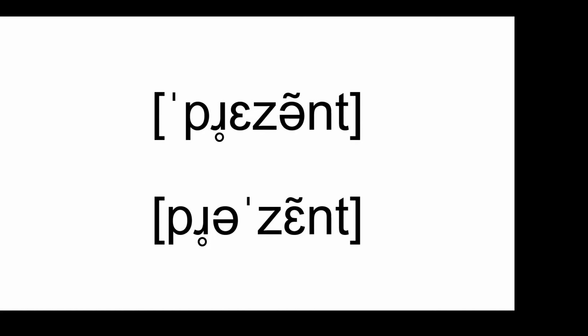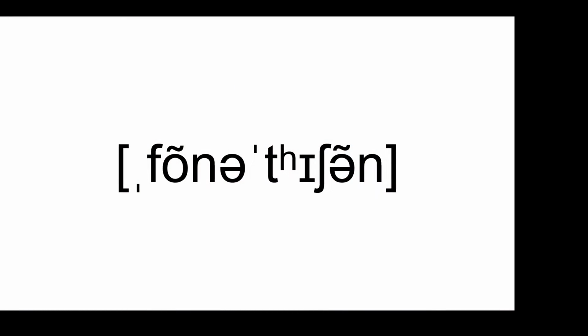In longer words, there's often a second level of stress known as secondary stress on certain syllables that aren't as prominent as the primary stress syllable, but they're more stressed, more prominent than the completely unstressed syllables. And this secondary stress is indicated with a low tick mark, as in the first syllable of phonetician, right?